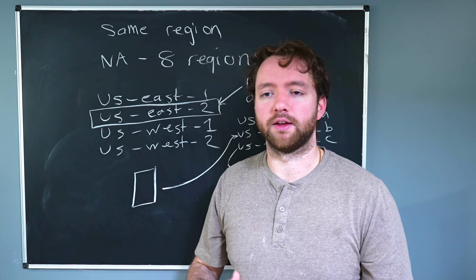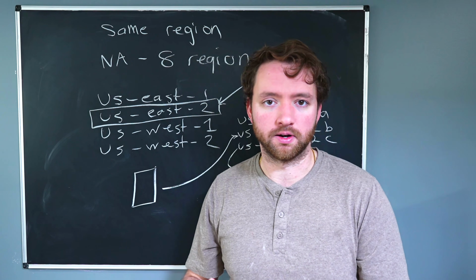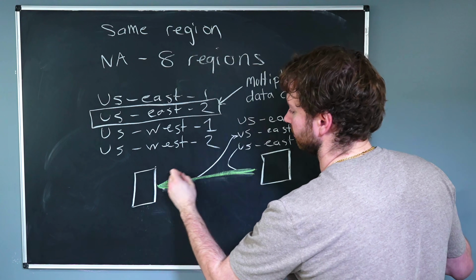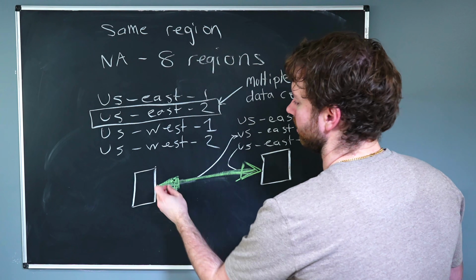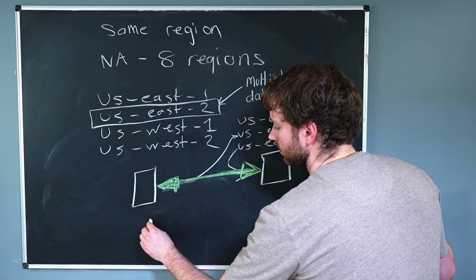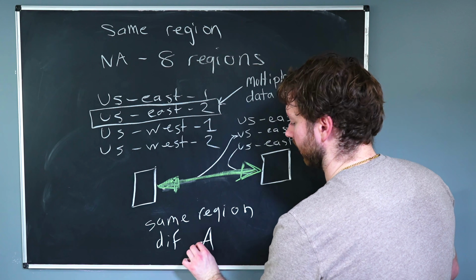So you are a bit more safe from issues that might impact an entire data center or availability zone. So these guys are set up to be able to communicate efficiently, but they're physically separated, so they're in the same region, different availability zone.